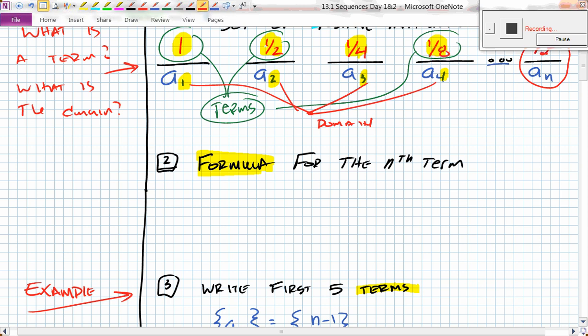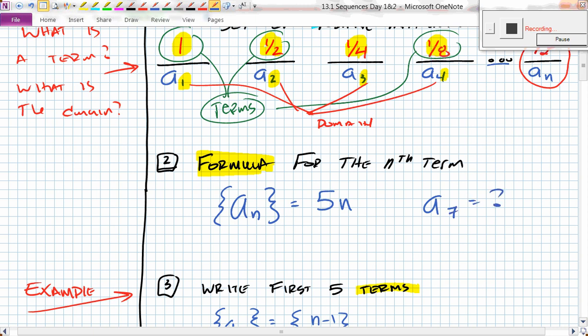Okay, we do have a formula for the nth term when we can plug things in, right? As an example, well, the one I just did is a formula. But when we use formulas, we use brackets. So you got to get really good at drawing these brackets here. So a sub n is, if I just had, say, 5n. Okay? If a sub n is equal to 5n, how would I figure out what is a sub 7?